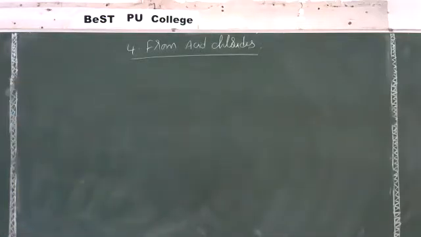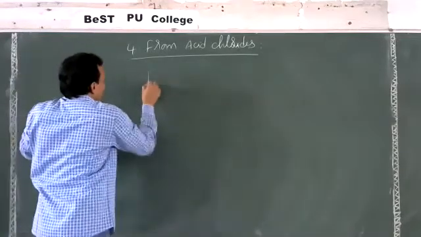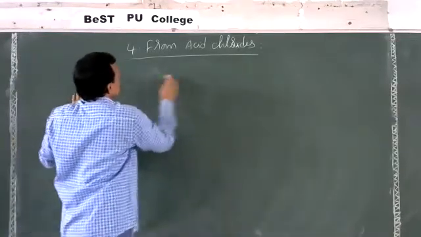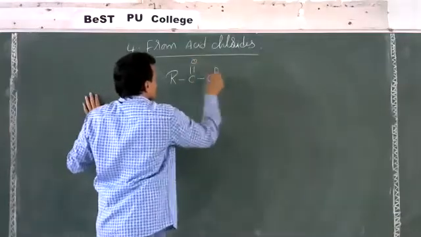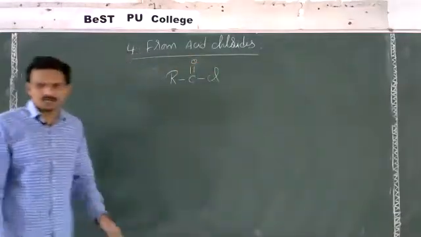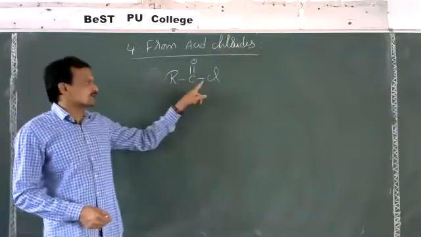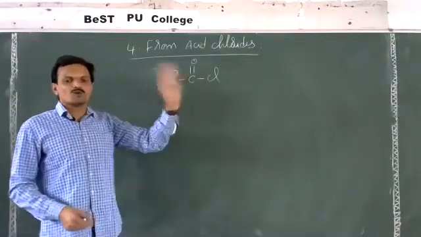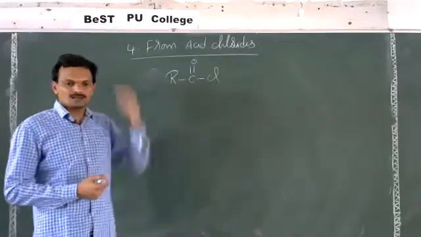Let us see here now. What is the general formula? RCOCl. This is acid chloride. Nothing but from the carboxylic acid molecule, replace OH with Cl, then you can get acid chloride.